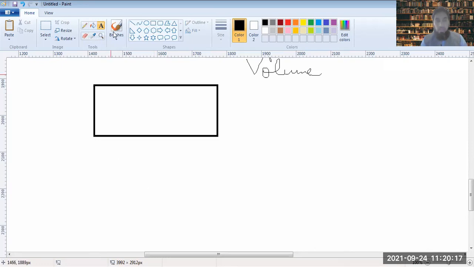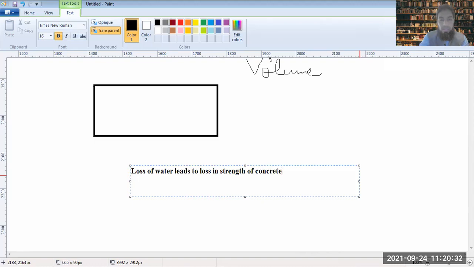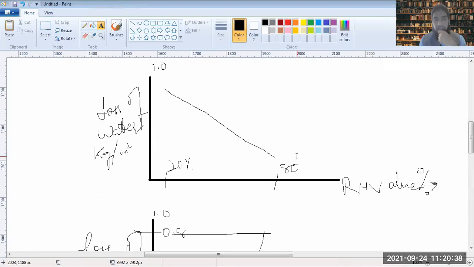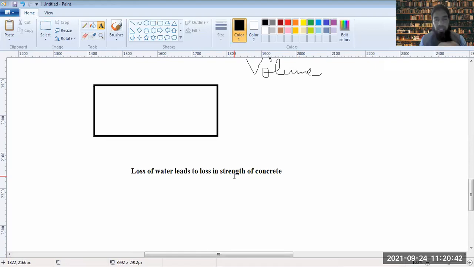So what else? The loss of water leads to loss in strength of concrete. Now, if there is a loss of water, there will be a decrease in the hydration rate, and thereby the strength of the concrete will decrease.